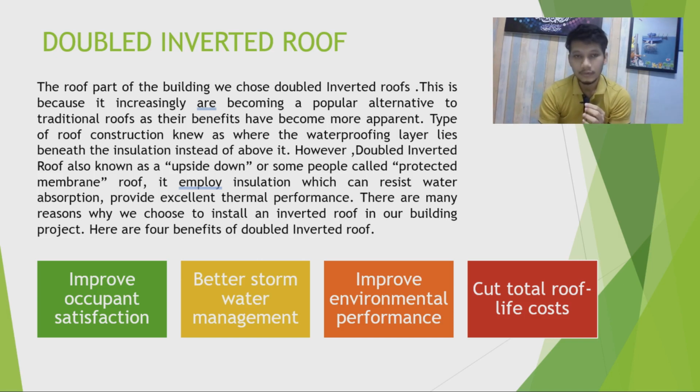This type of roof construction is where the waterproofing layer lies beneath the insulation instead of above it. Double inverted roof is also known as upside down or protected membrane roof. It employs insulation which can resist water absorption and provide excellent thermal performance.